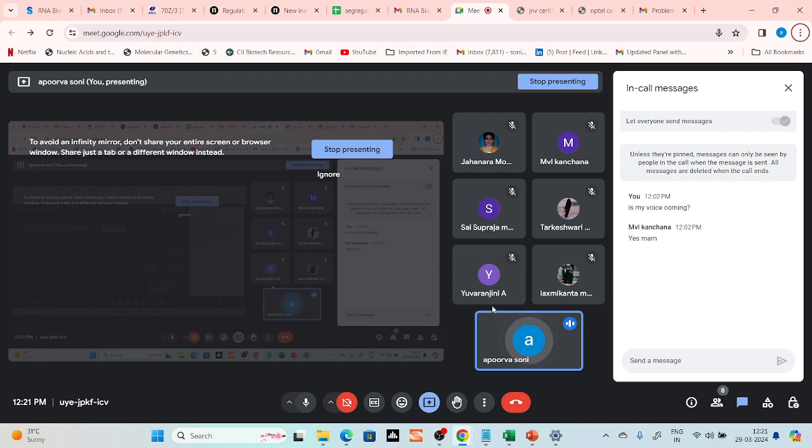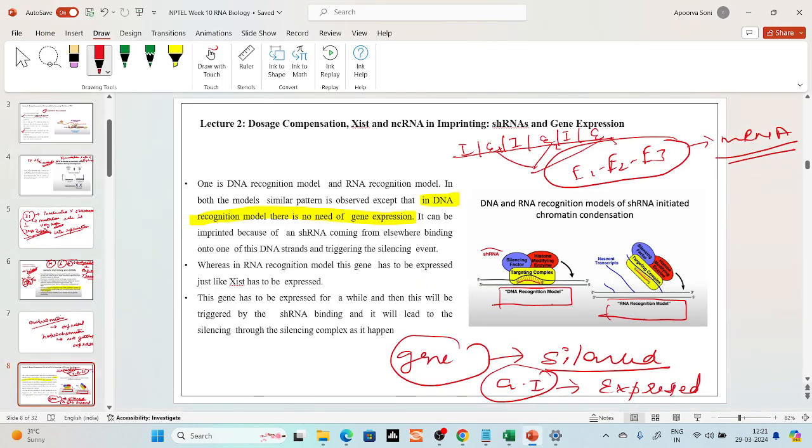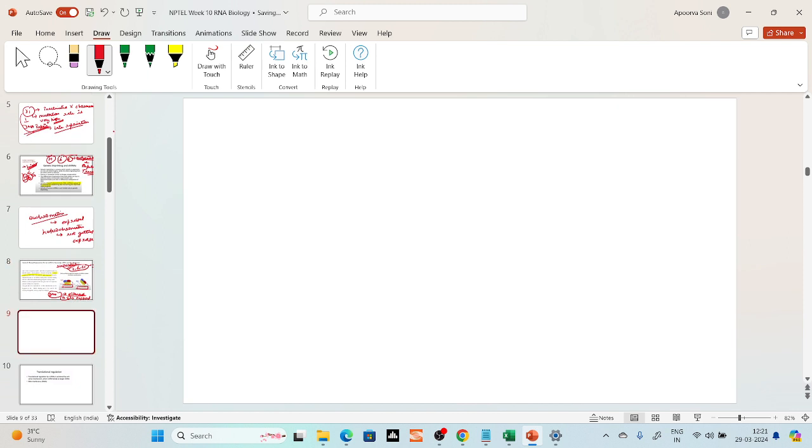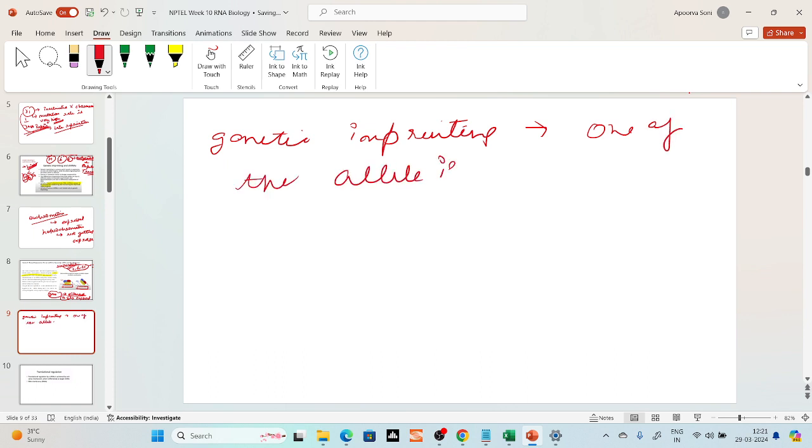So basically, shRNA has to silence the gene in order to maintain the genomic imprinting. Because what is genomic imprinting? Genomic imprinting means only one of the alleles is getting expressed. So when we talk about genetic or genomic imprinting, we are saying that if there are two alleles for a gene, one of the alleles is silenced.